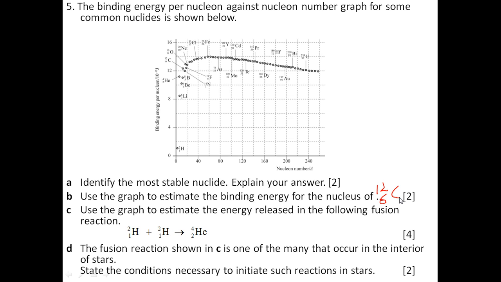Okay. First, we have to identify the most stable nuclei. The most stable means you need to give the most energy to break them into parts. That's why we call it stable. If it is easy to break them into all the parts, it means that it is not stable. So which is it here? It is iron-56, ferrum.